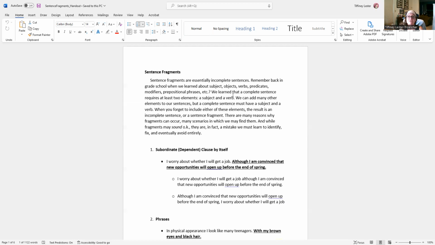Just because it's a fragment, meaning it's missing a subject or it's missing a verb, doesn't mean the best way to fix it is to add the subject or the verb. Sometimes the best way to fix that error is to incorporate that information into or with the complete sentence that likely comes before it or right after it.